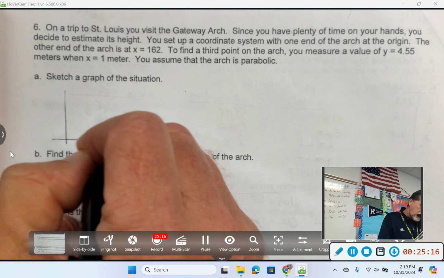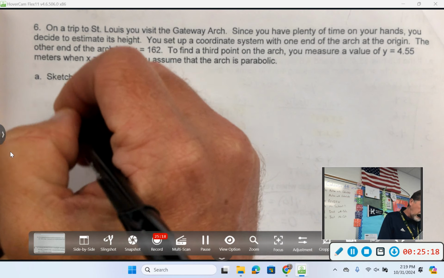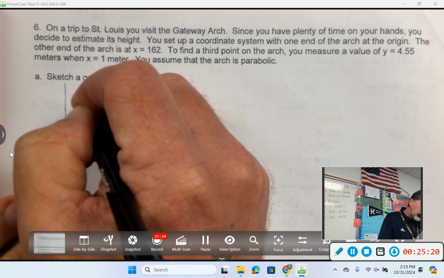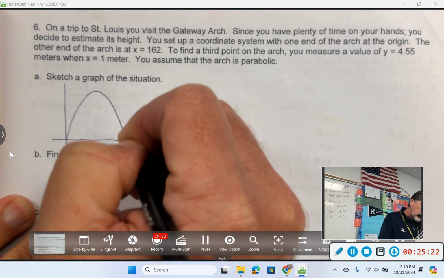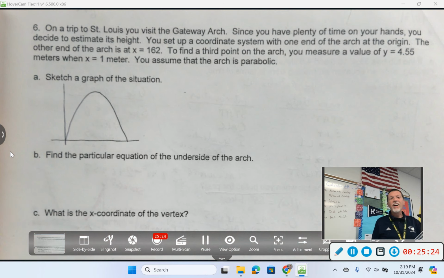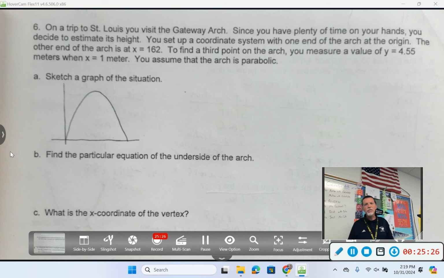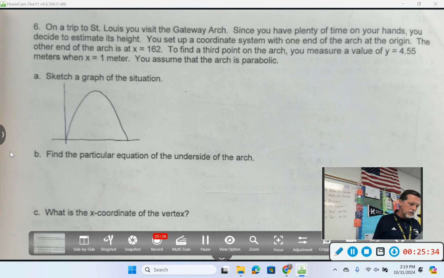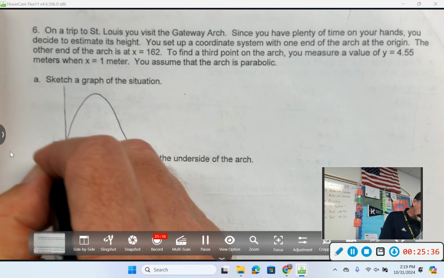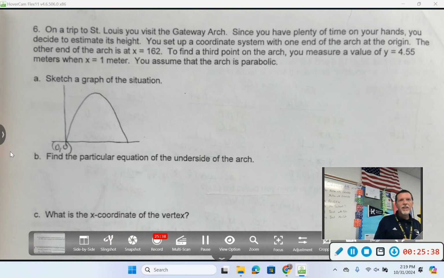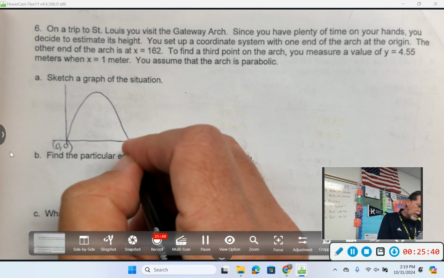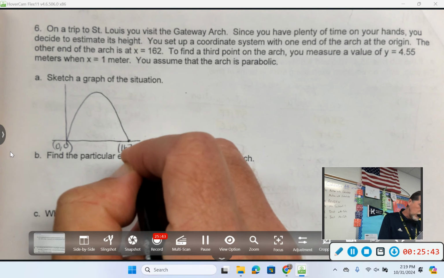So, I don't know if you've seen, or at least seen pictures of the Gateway Arch. It's not actually a parabola, but close enough to do a word problem with. The other end of the arch is at x equals 162. Okay, so we put one end at the origin. That kind of makes the math a little easier. The other end is at 162, 0.